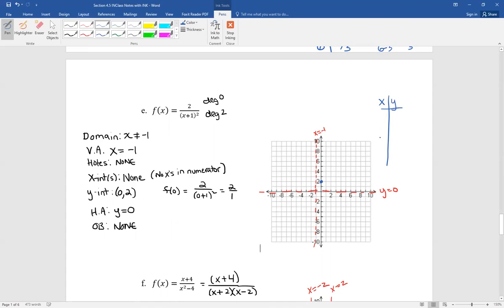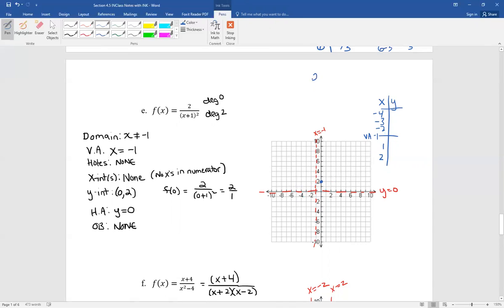Now remember, when we were in class, we discussed how you want to use points that are on either side of either x-intercepts or your vertical asymptote. So we only have a vertical asymptote, so we're going to look for points on either side of -1. I'm probably going to pick 3 points on the left side since I have nothing over here, and just 2 more points on the right side. So on the left side, I'm going to do -2, maybe -3, and maybe -4. On the right side, I already have 0, so I'm going to do 1 and 2.